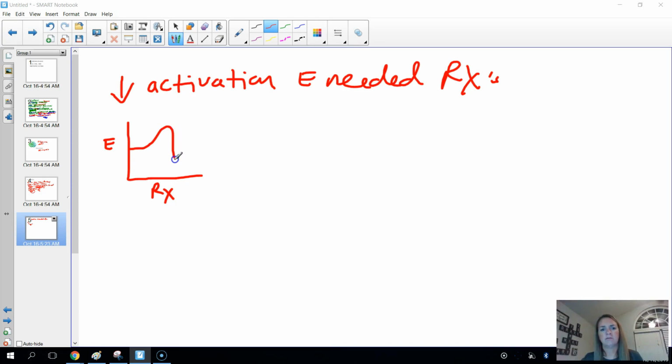That's how much it costs for a reaction to occur over time. If you were to add an enzyme to this, this is what would happen. You have your reaction rate going, and then you add the enzyme, and that little hump there is lowered. Okay? And since that little hump is lowered, it reduces the energy that's needed for that reaction to occur. So right there, that's your savings in energy.